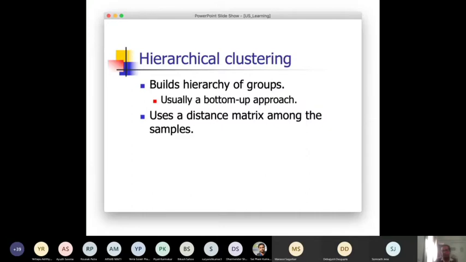So if there are n feature vectors, you have only n choose 2 values. Earlier it was n feature vectors, each d-dimensional. So your space requirement could be quite small when you consider very high dimensional data. So you can use a simple distance matrix without going into the feature vectors.